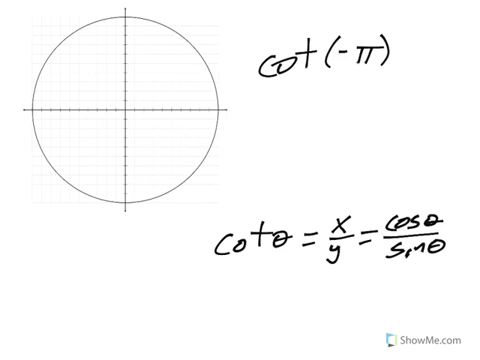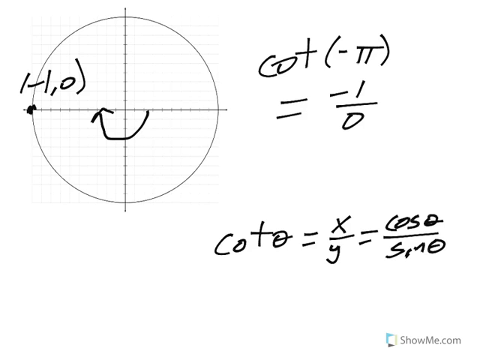So I need to figure out the x and y coordinates of negative pi. Oh, okay, so x is negative 1, y is 0. So this is just the x over the y. Oh, wait a minute. 0 in the denominator, that doesn't fly. This value is actually undefined.